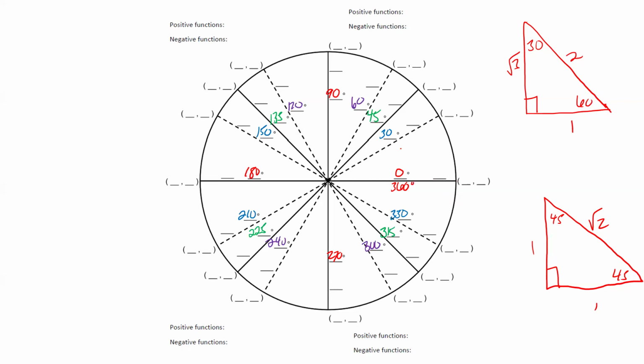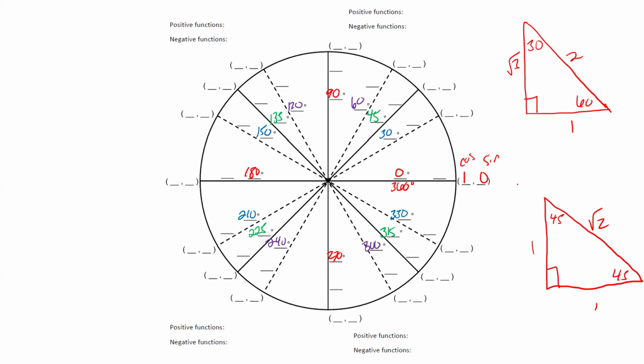But because this is a unit circle, we're going to let x be 1 and y be 0. So the ordered pair here would be 1, 0. What makes the ordered pair significant is that it tells us cosine and sine. So we know that the cosine of 0 is 1 and the sine of 0 is 0.